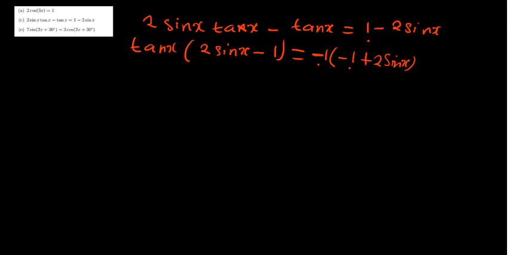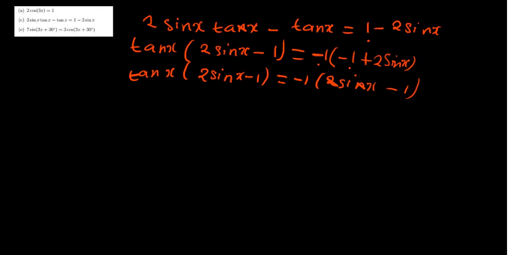So tan x, open bracket, 2 sine x minus 1 equal to -1, open bracket, 2 sine x minus 1.